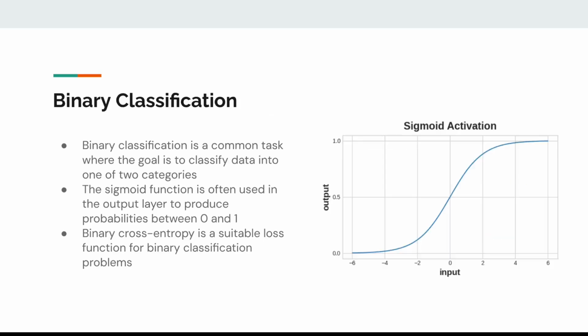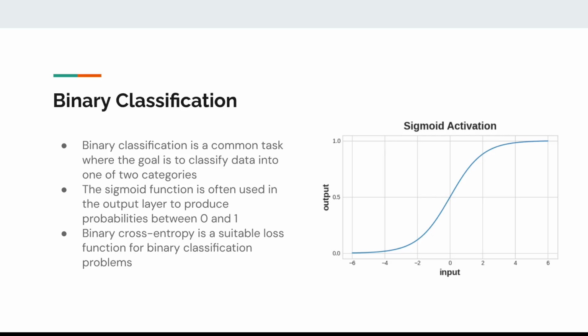Binary classification is one of the simplest tasks in neural networking, and this means that a model can decide between two options: yes or no, spam or not spam, cat or dog.